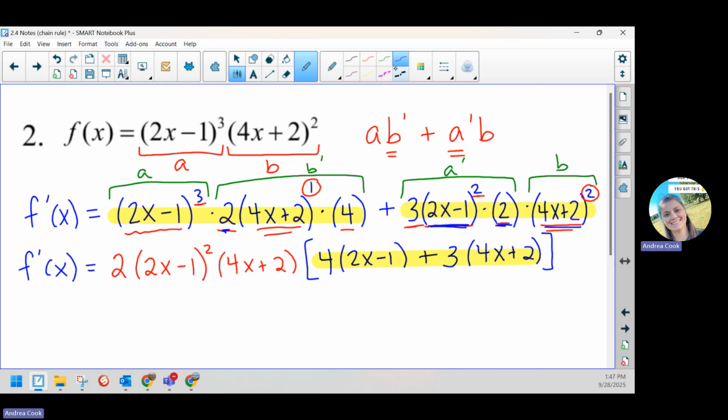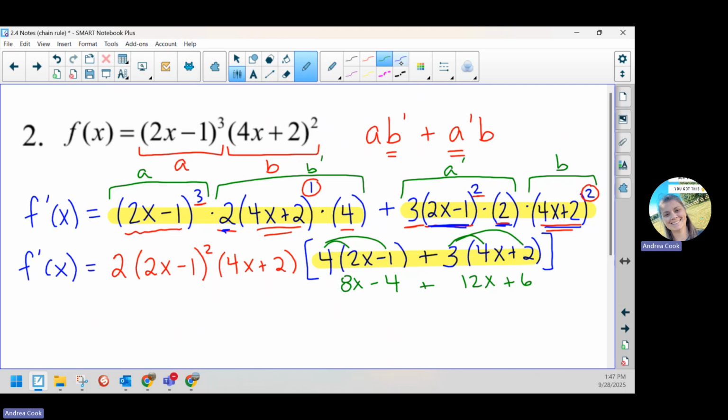And now we have to take the inside right here and simplify that. So we're going to distribute this 4, distribute that 3. I'm just going to write it under here. So this would give me 8x minus 4. And here I'd have 12x plus 6. And we're adding those.